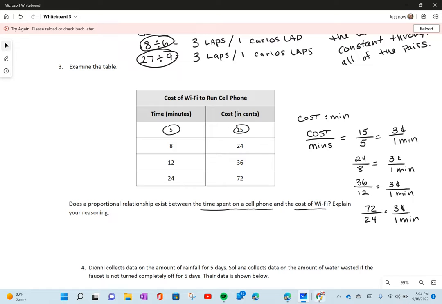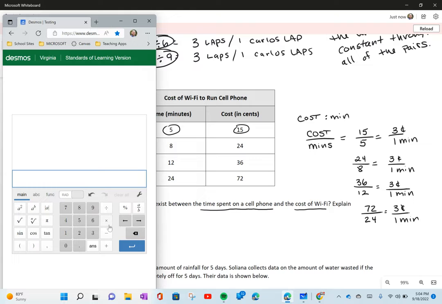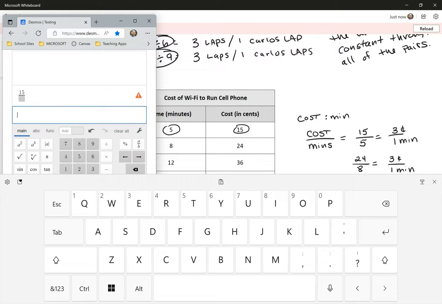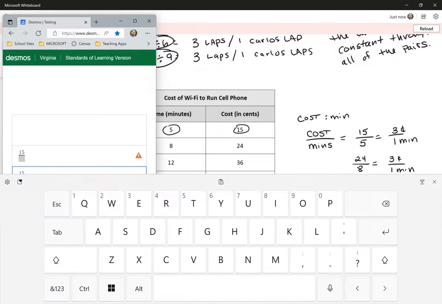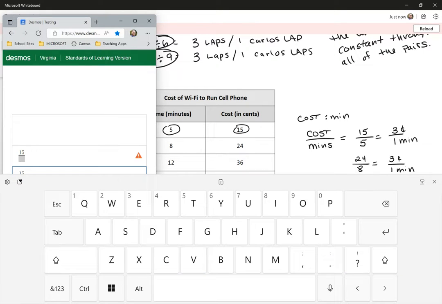And you could use the Desmos calculator just to double check these. It was 15, 24, 36, and 72. So you could come over here and type in 15 divided by 5.